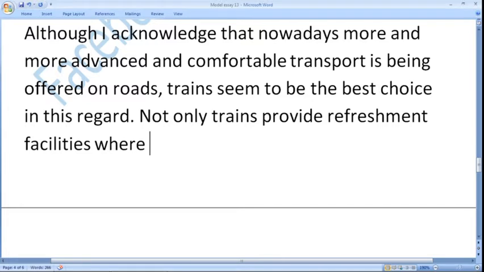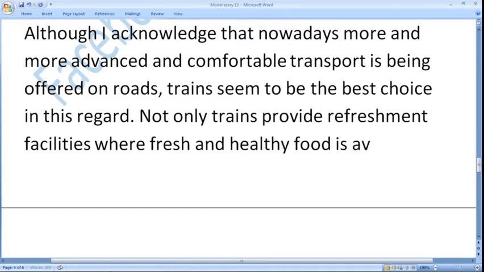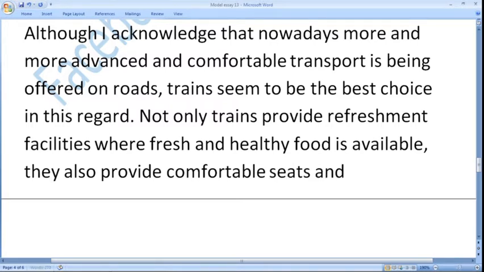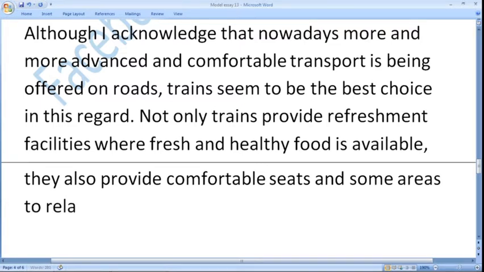Facilities where we can find something like that, where fresh and healthy food is available. They also provide comfortable seats and some areas to relax or sleep, something like that.